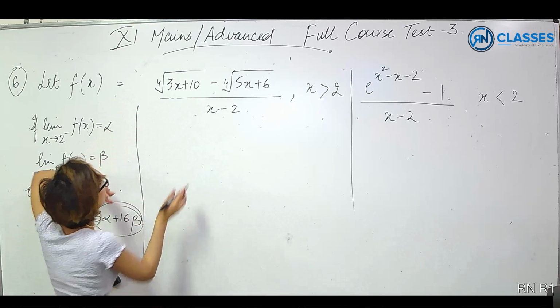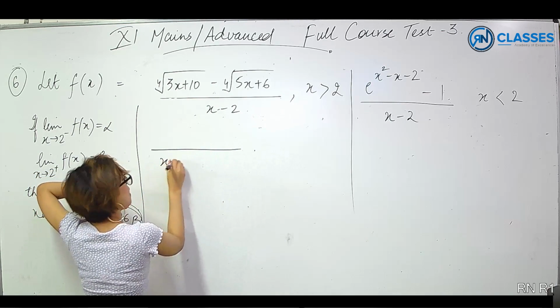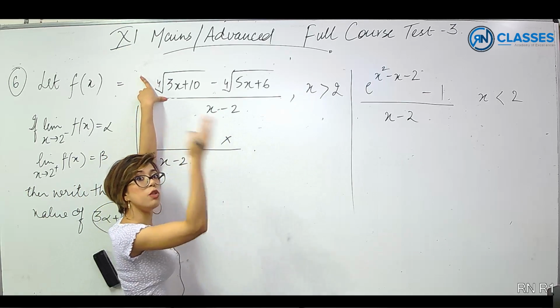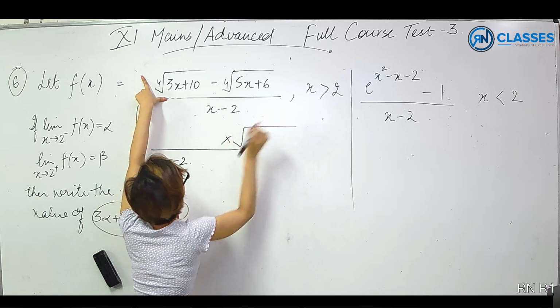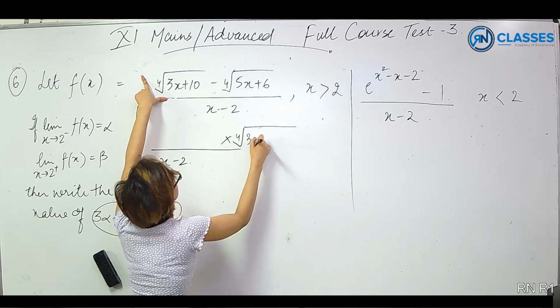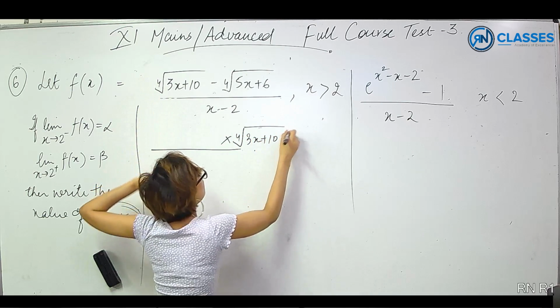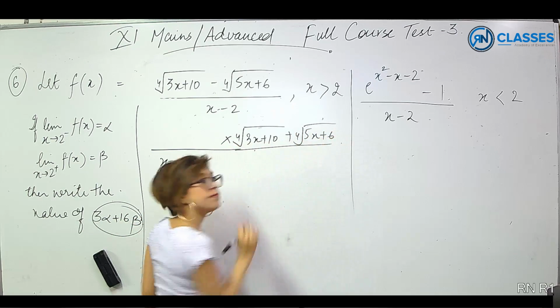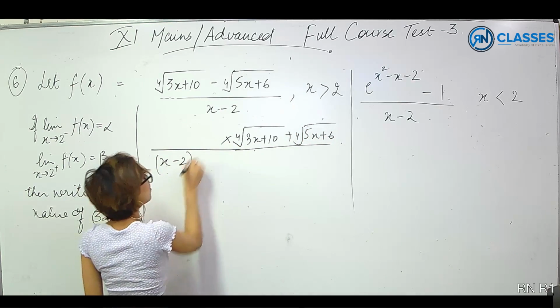So, rationalizing factor. Now, I know because I will want to square it up, my rationalizing factor would be 4th root of 3x plus 10 plus 4th root of 5x plus 10. And denominator also I will write it down.